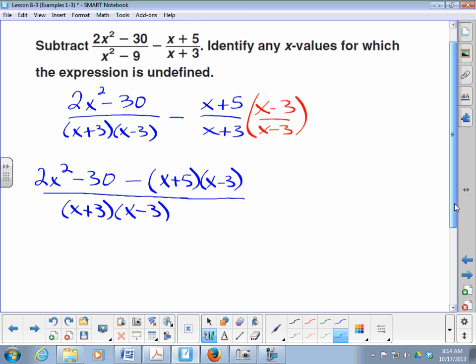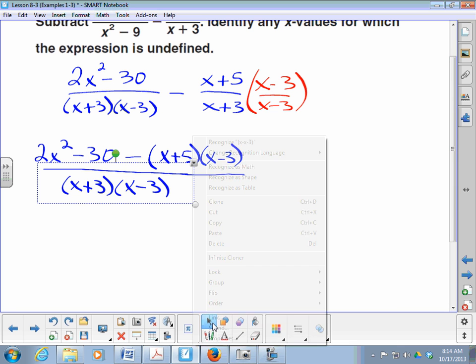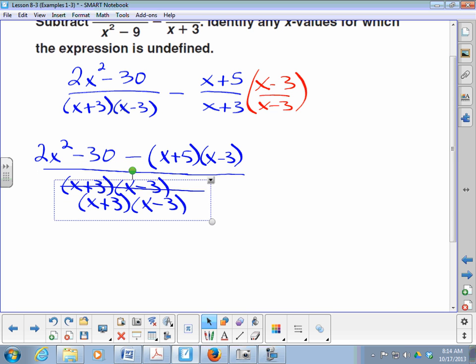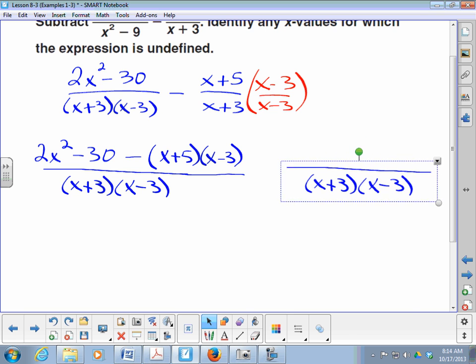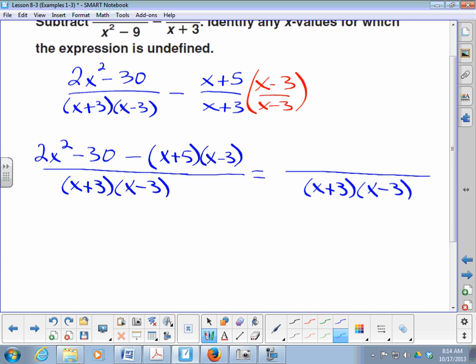Okay. Now I'm going to FOIL the x plus 5 and x minus 3.